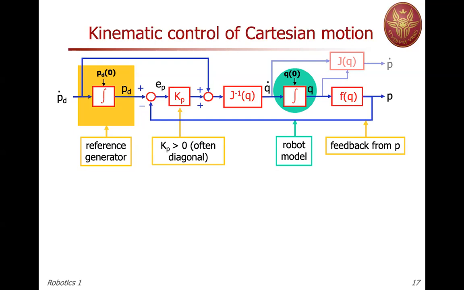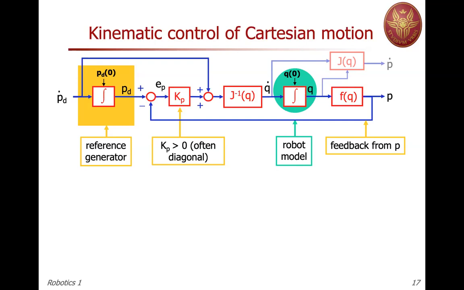But now, from the current Q, instead of feeding back the Q, you're feeding back the value of the Cartesian quantity or task quantity. So you're computing the direct kinematics f of Q with your model. You have a P, and you bring this back in feedback, and you compare with the P desired. If you started with the same type of desired motion in the Cartesian space, so you have a P desired dot as before, now you see that the reference generator is not doing anything other than integrating this to generate also the associated P desired.